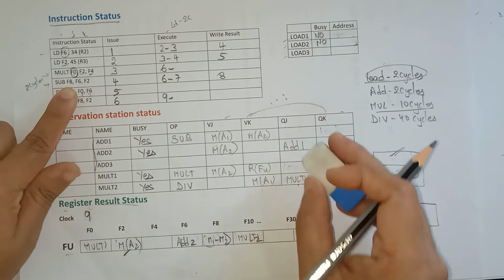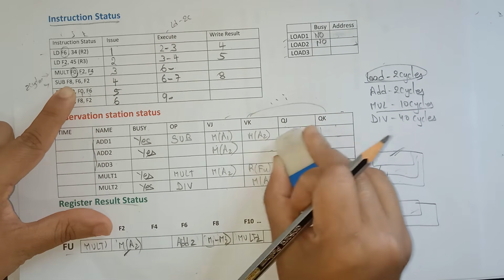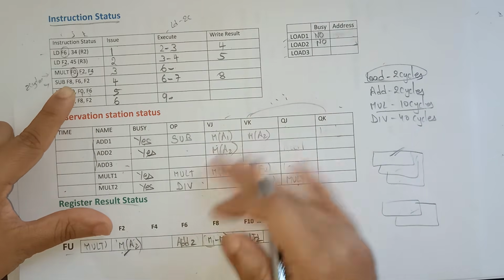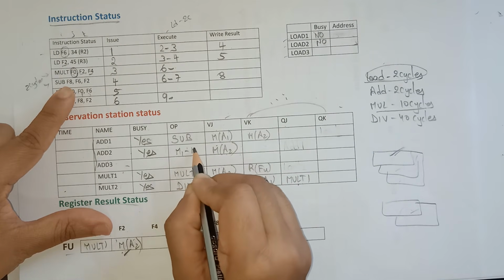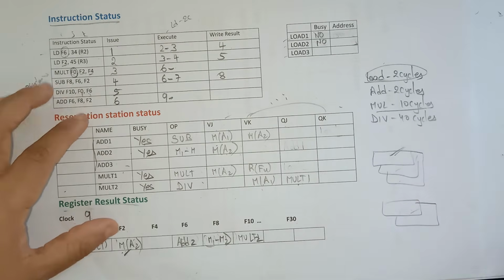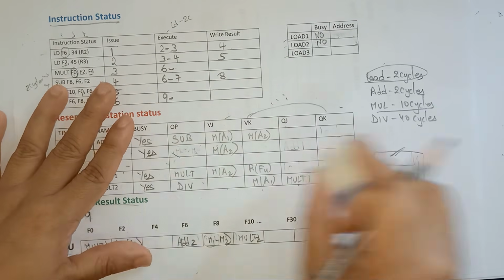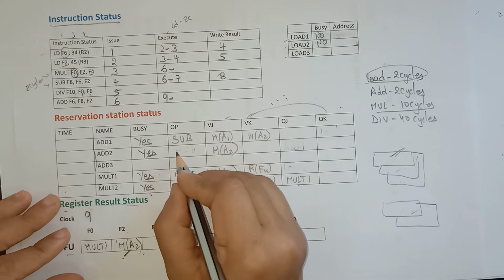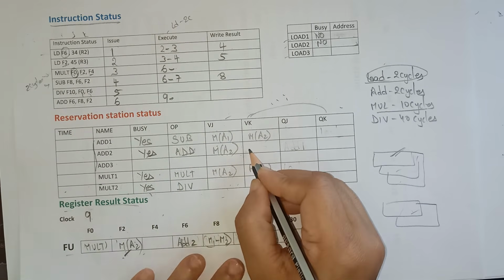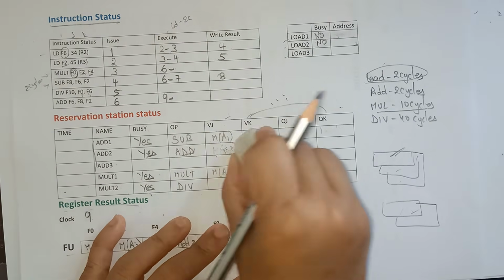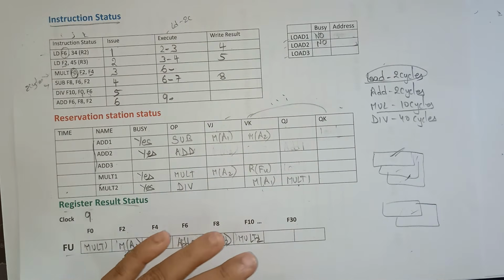Adder 1, F8, everything is completed. So let's write the result here instead of adder 1. This is M1 minus M2. Sorry, I have to write the opcode. Subtraction is add, and this is Vj here, right?